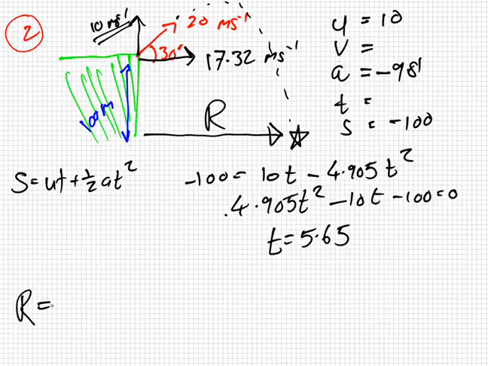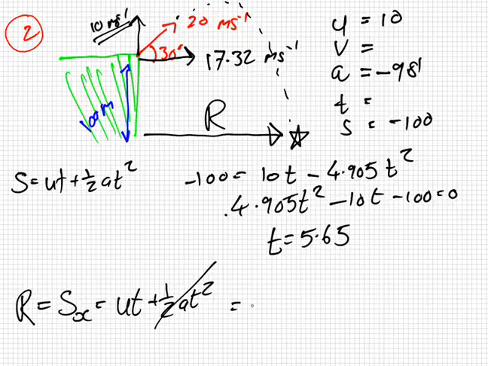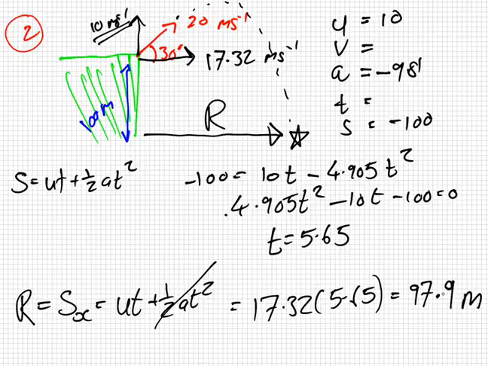First part, 20 cos 30, which is 17.32 meters per second. And the other one is 20 sine 30, which is 10 meters per second.